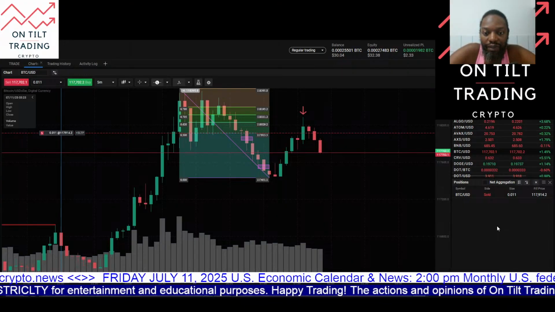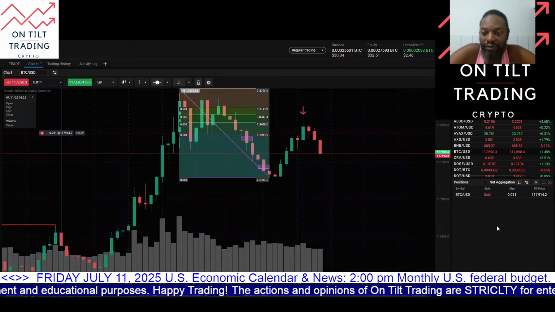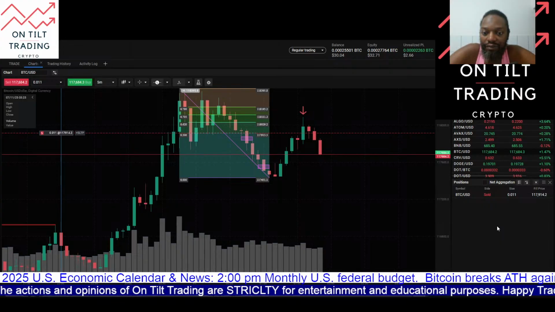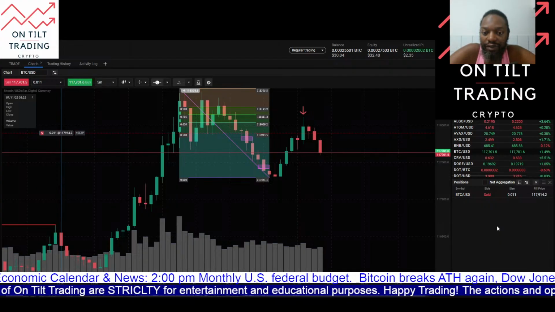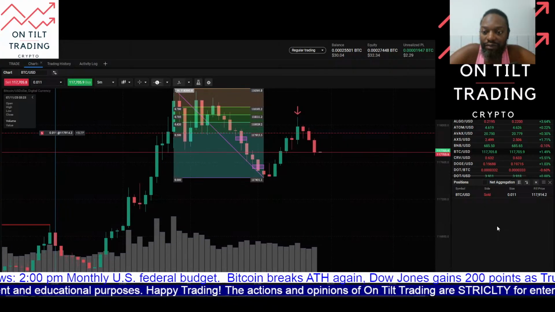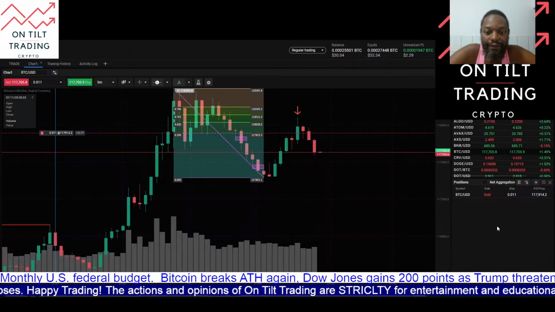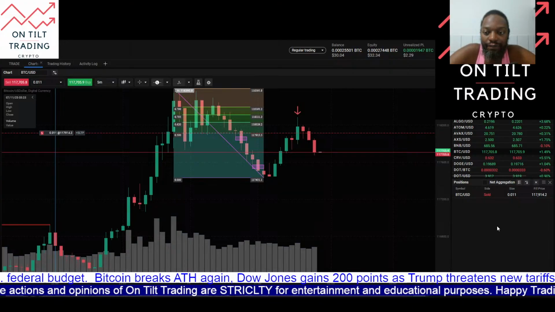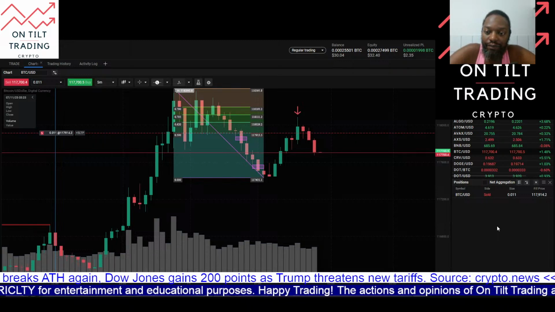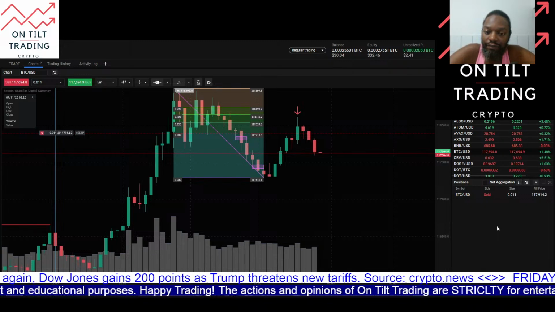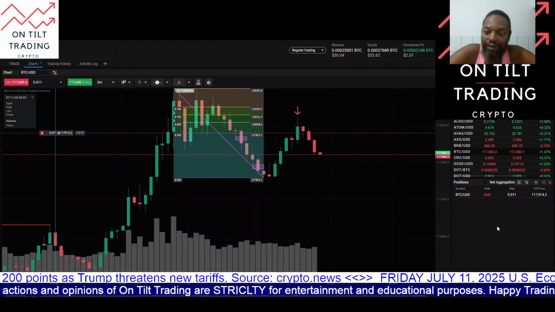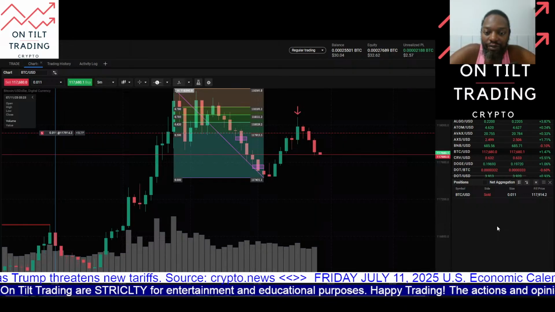Less than 1 minute remaining in the current 5-minute candle. 117,680 with speed to the sell side. Consolidating here back to 117,700. New 5-minute candle. Sell side delivery, 117,680. Price approaching a new 5-minute low.